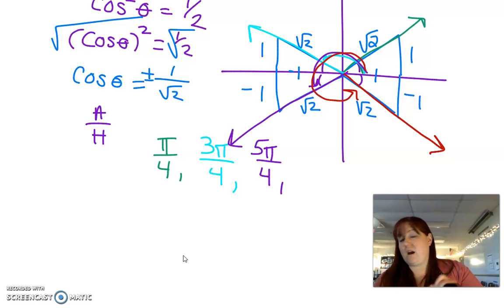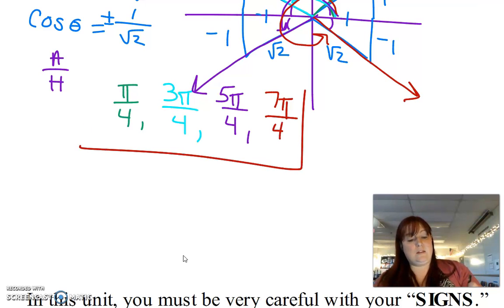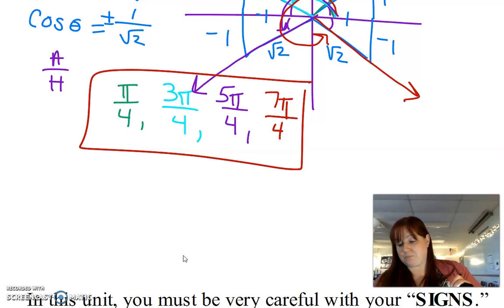And so we can say, all right, we went almost a full 2 pi, but we have this 1/4 of a pi left. So if you eat almost a full 2 pies, and you just leave a 1/4 of a pie left, how many pies did you eat? Well, you ate 7/4 of a pie, right? So these are all 4 angles that would make that true.